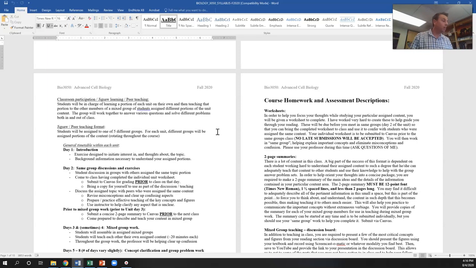So you're going to read a portion of that unit. You're actually going to become an expert based on worksheets and things that I've guided you through. You're going to become an expert on that portion of the unit. And then you are going to teach people in a mixed group. So you're going to be grouped with people that had the other portions of that unit, and you're going to teach each other at first.